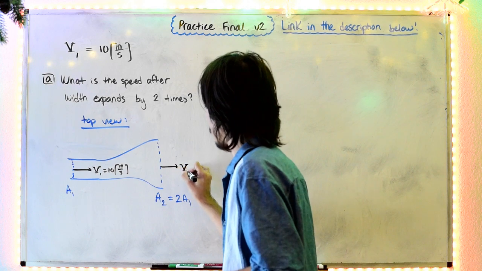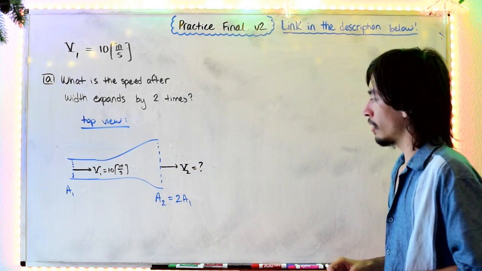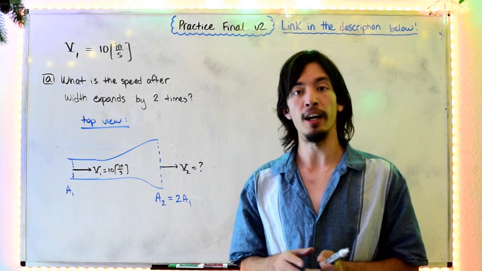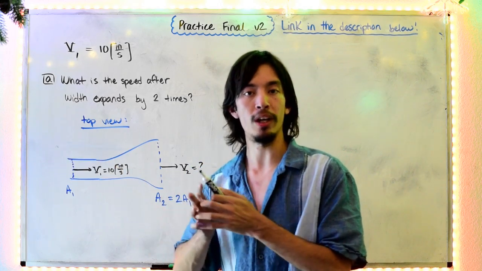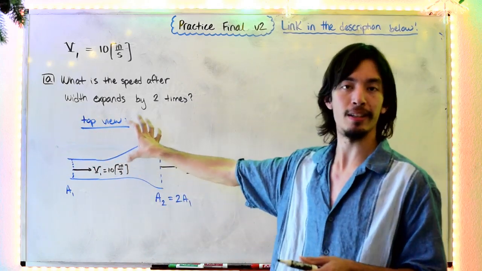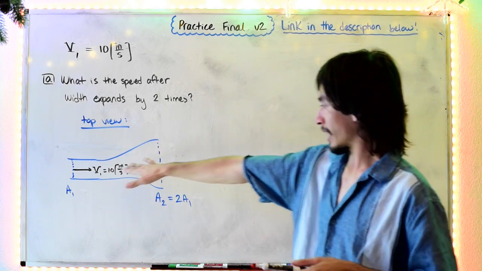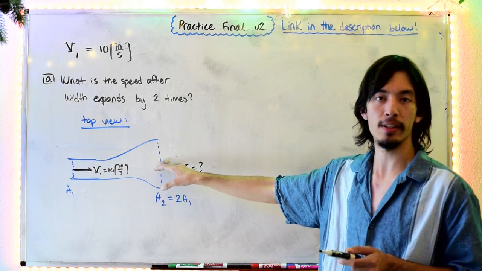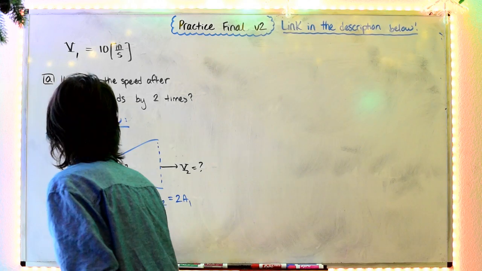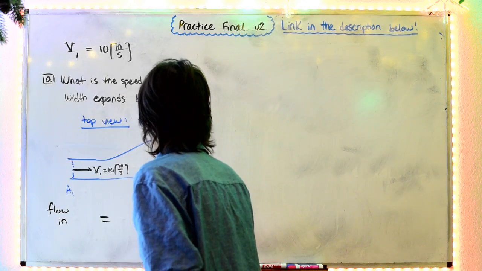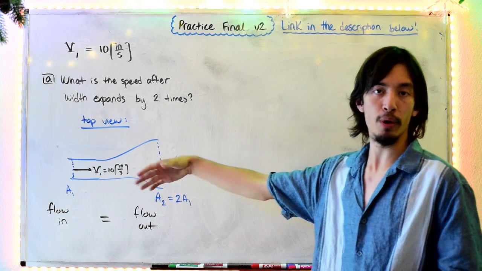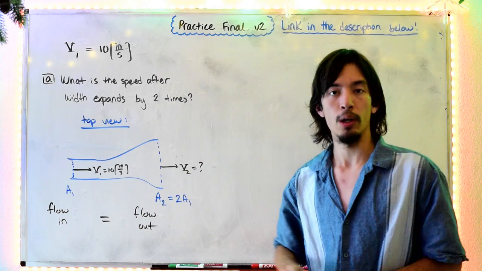There's one main concept you should know in liquids flowing through whatever your situation is, pipes, rivers, which is that the flow has to be conserved. So whatever flows into this has to be what flows out of this. So flow in equals flow out.